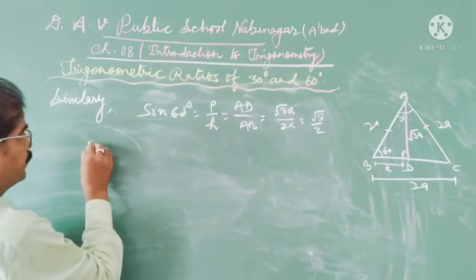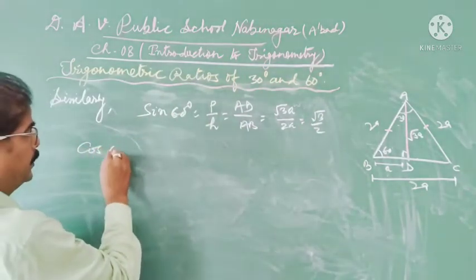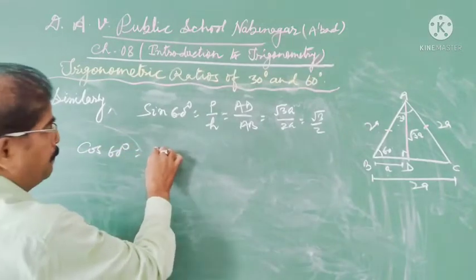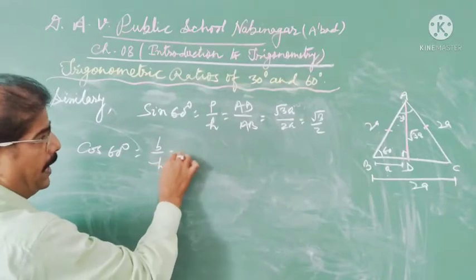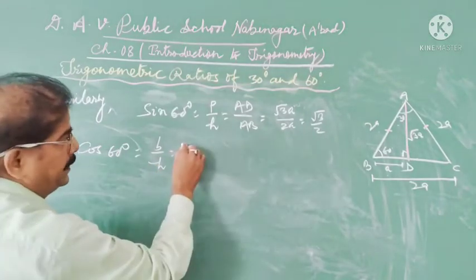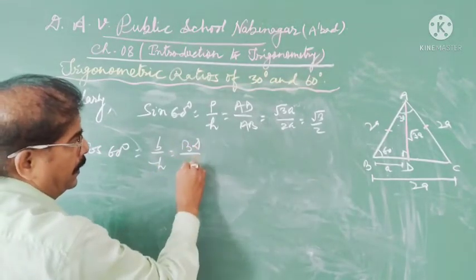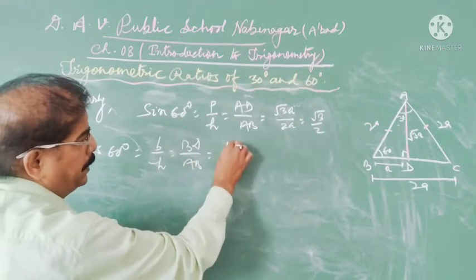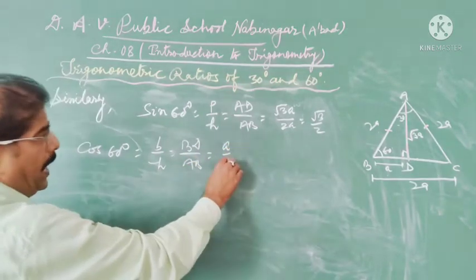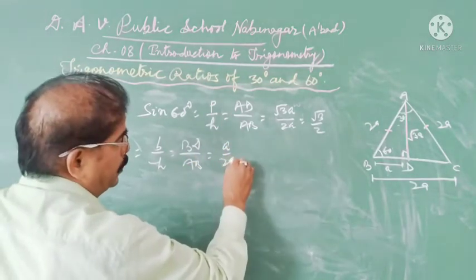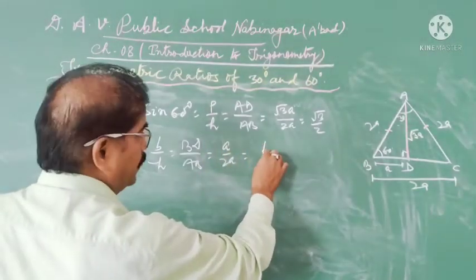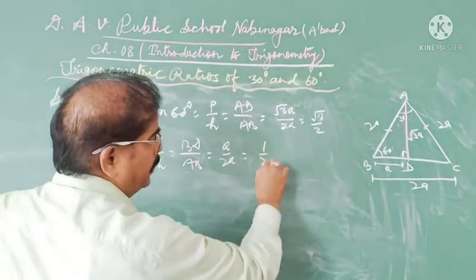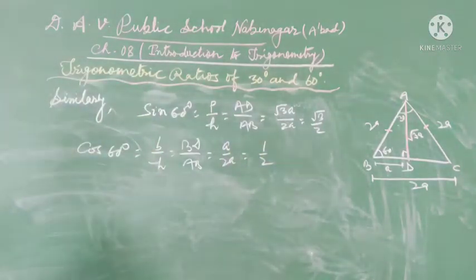Cos 60 degree, B by H, B is BD, so BD by AB, and BD is equal to A, H is equal to 2A, so cos 60 is A cancel, 1 by 2.